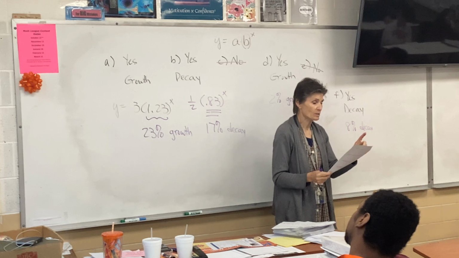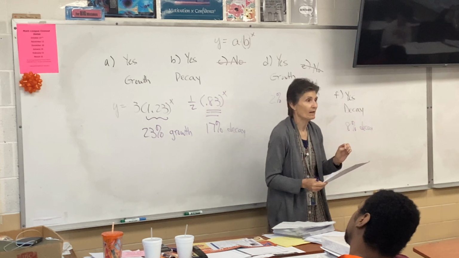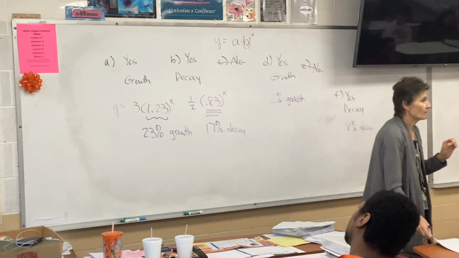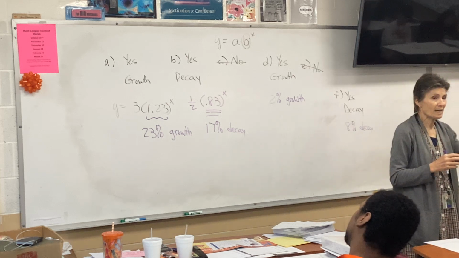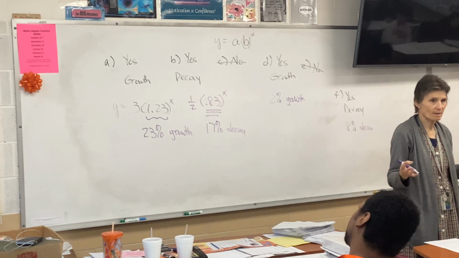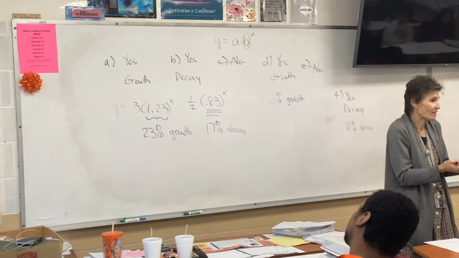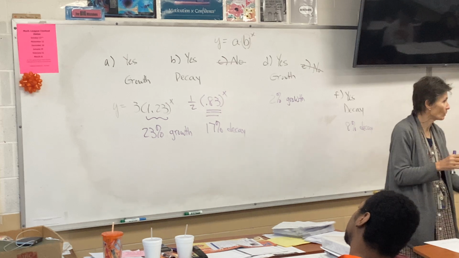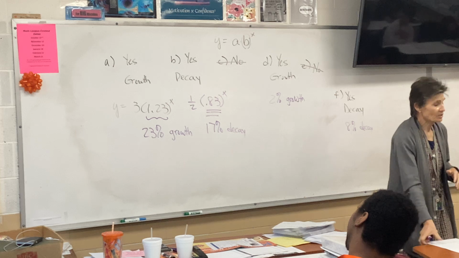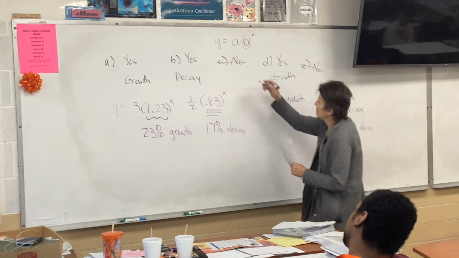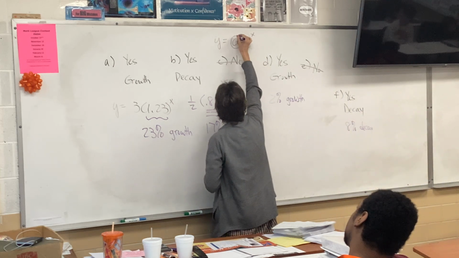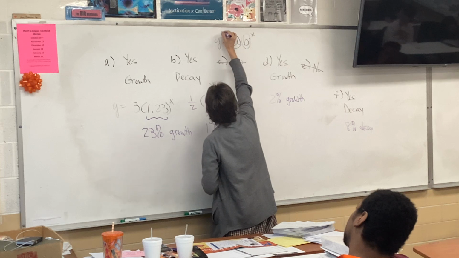All right, and then the last question, this was like a 4-part question. State the initial value. When you talk about something growing or decaying, doesn't it have to start somewhere? You have to have a starting value that you either grow from or decay from. The starting value, the initial value, is this guy right here.